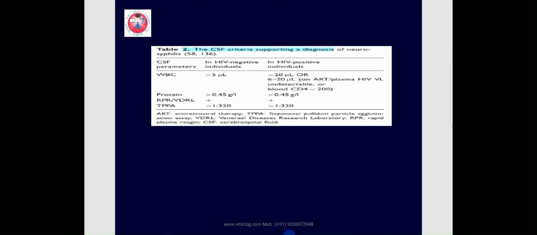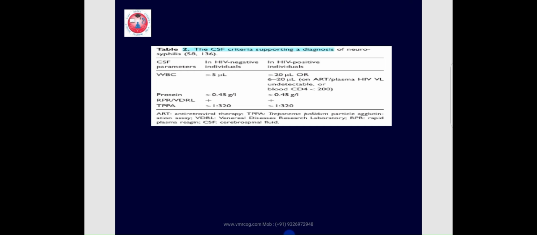Okay, so this is the CSF picture in neurosyphilis. Various parameters such as what happens to the WBC count, protein, or VDRL or RPR titer, in both immunocompetent patients and in immunocompromised patients with neurosyphilis. So in immunocompetent, that is HIV negative individuals, the WBC count in neurosyphilis will be more than 5 per microliter, and in HIV positive patients, it is generally more than 20 per microliter.